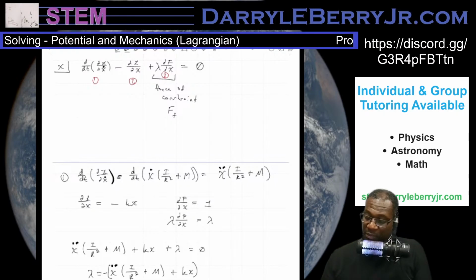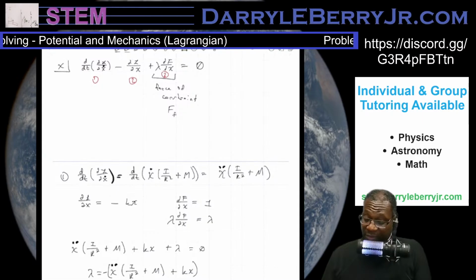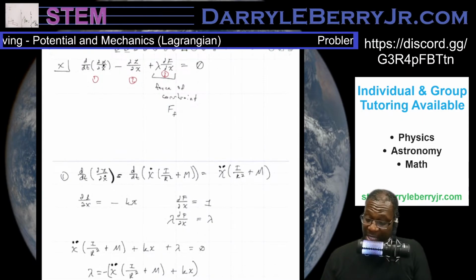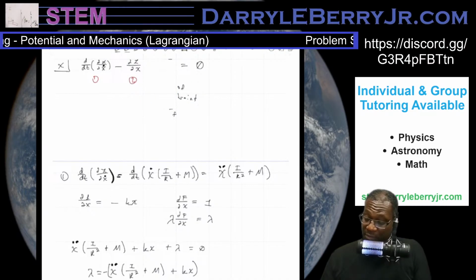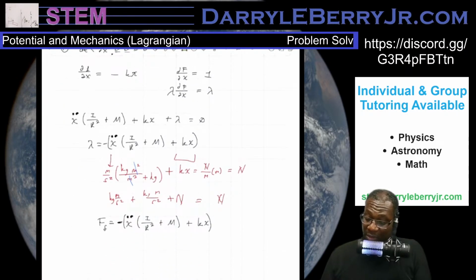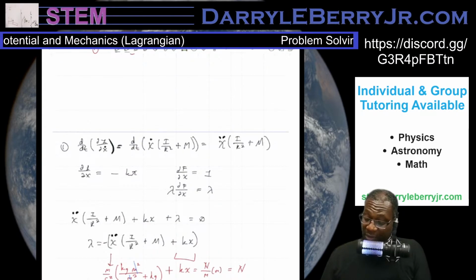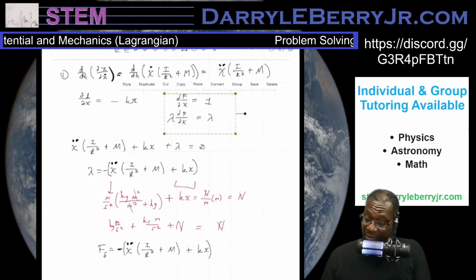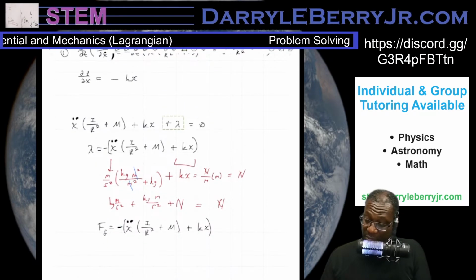So I do have the force equation if I did not eliminate one of the variables. Delete this. So then I have everything is the same except this.